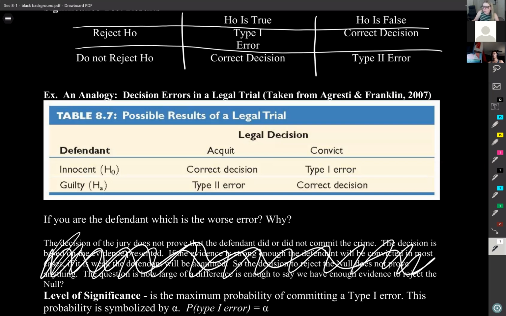So which one is the worst error if you're the defendant? If you're innocent but you actually get convicted, or if you're guilty and you don't get convicted. Which one's worse, type 1 or type 2 here? You can throw your answers in the chat or you can say them out loud.